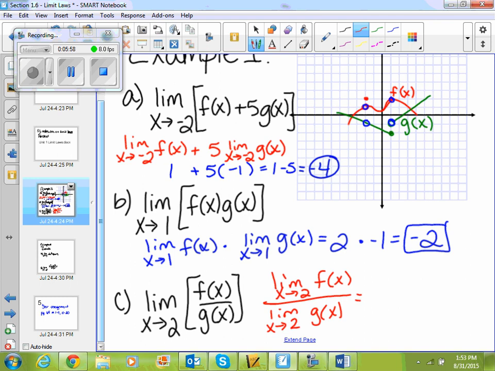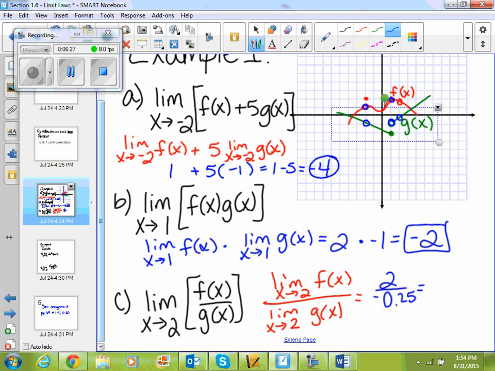So as x approaches 2 of f of x, I'm up somewhere close to 2 on my y-axis, and as x approaches 2 of g of x, I am down at maybe like negative 0.25, because I'm not quite at 0.